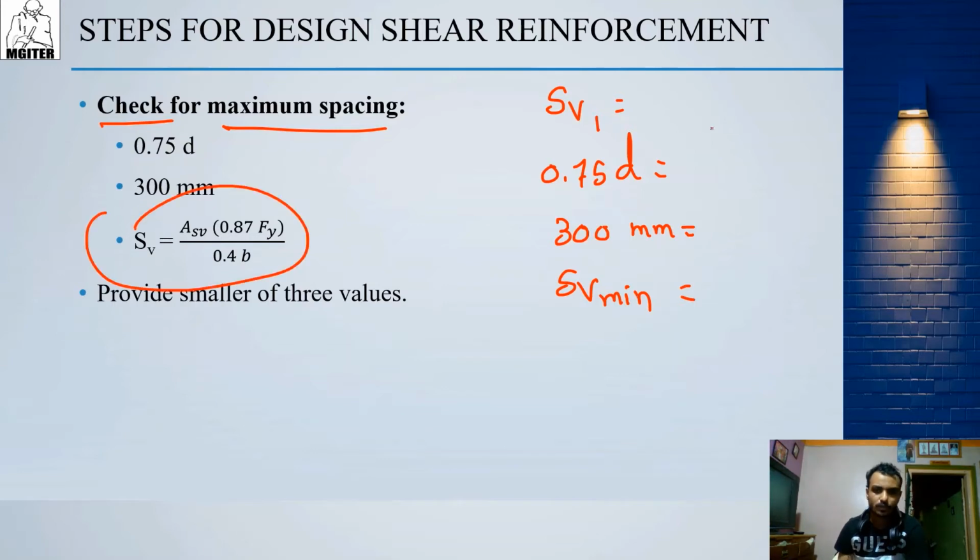Okay, so of these four values, whichever is smaller, we can take as the spacing.